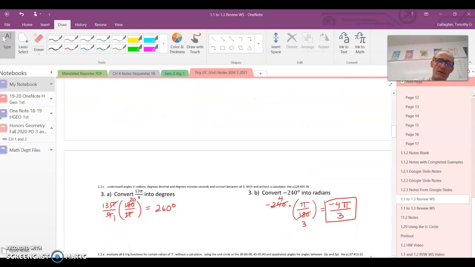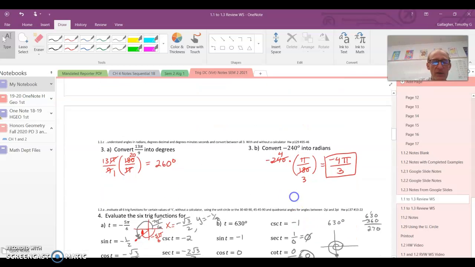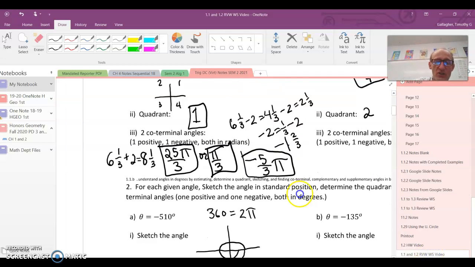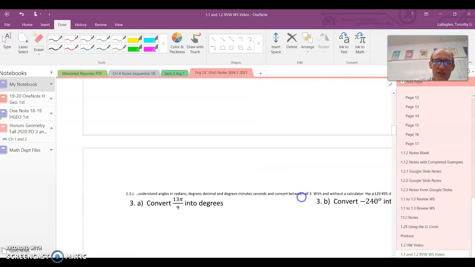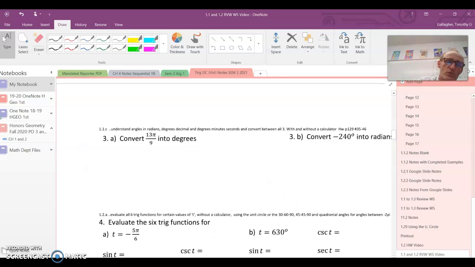The next topic in section 1 was changing degrees to radians and radians to degrees. To convert 13 pi over 9 into degrees, you multiply 13 pi over 9 times 180 over pi.